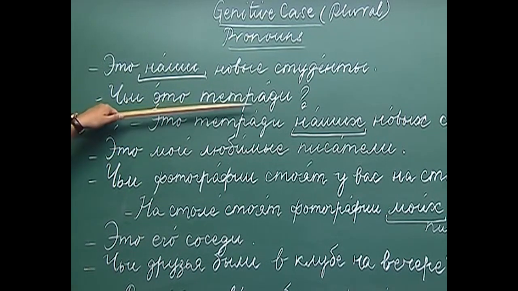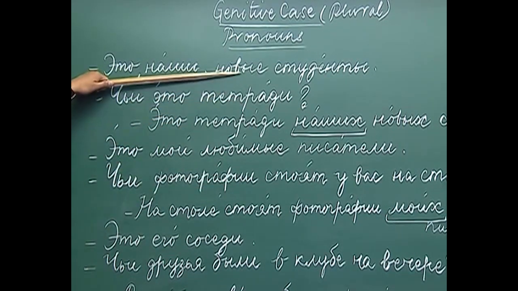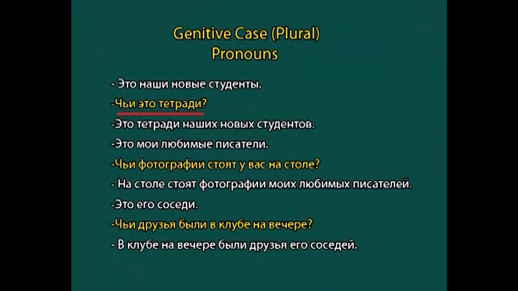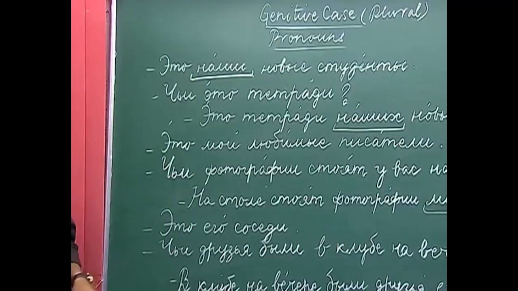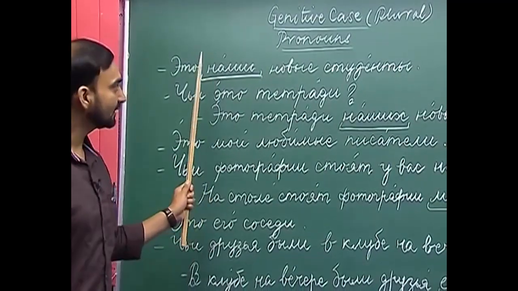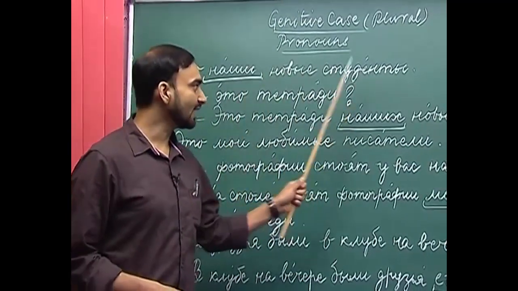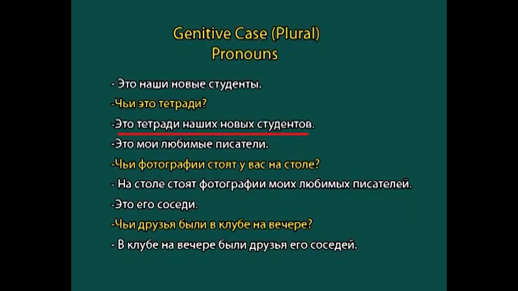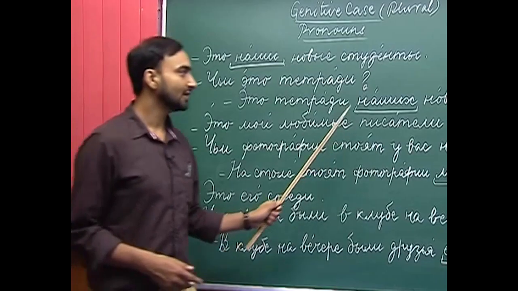Now, you have to take a hint from the first sentence and answer this question, Chi eti tetradi? So, we will use nashi novie studenti. Eti tetradi, these notebooks are of our new students.